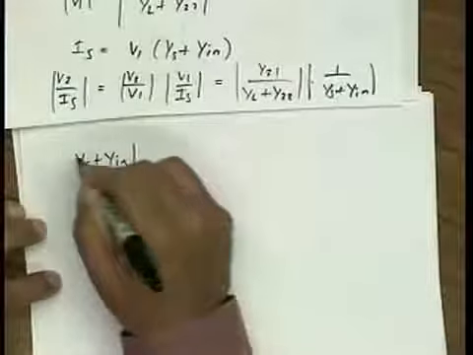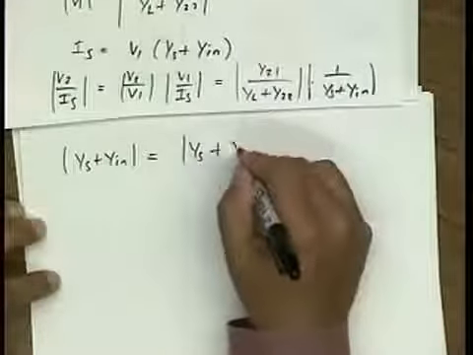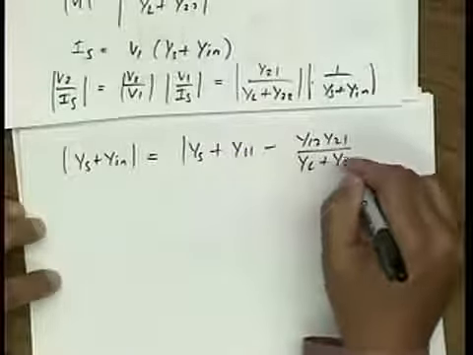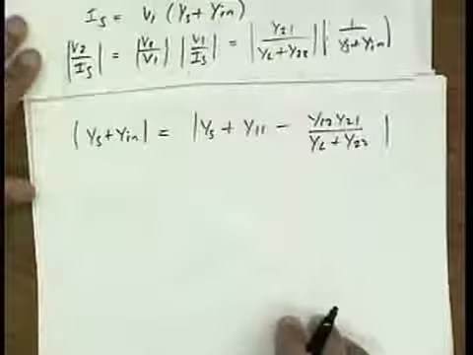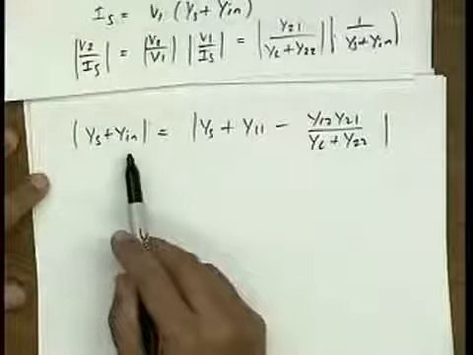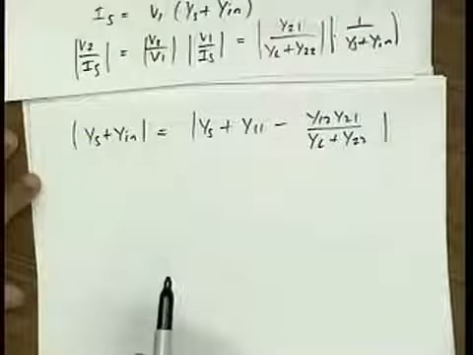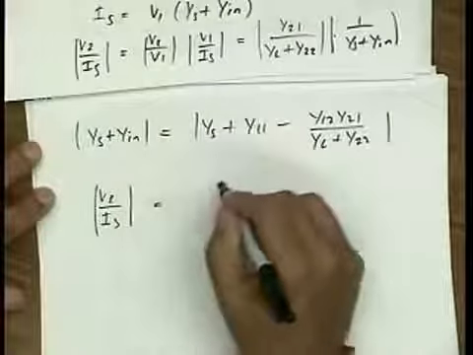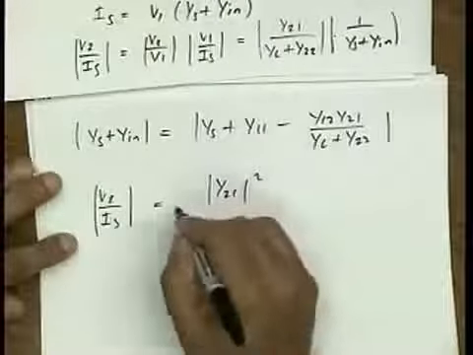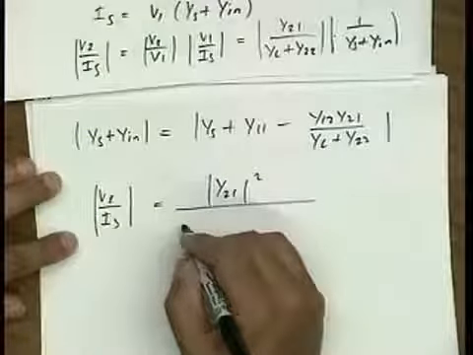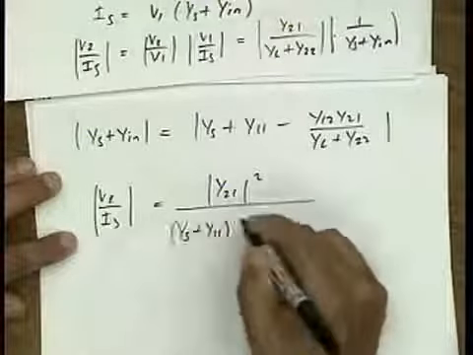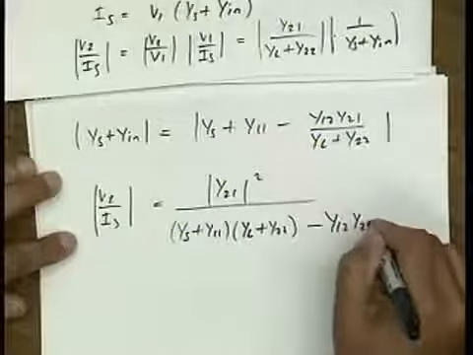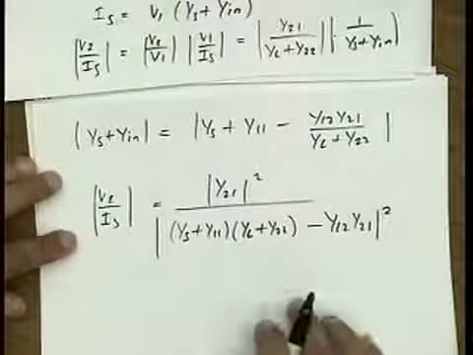And YS plus Yin is simply YS plus Y11 minus Y12 Y21 over YL plus Y22. As I said before, the formula for Yin and Yout will be committed to your memory very shortly. So now V2 over IS, if I substitute from this equation, is Y21 divided by YS plus Y11 times YL plus Y22 minus Y12 Y21, whole thing squared.